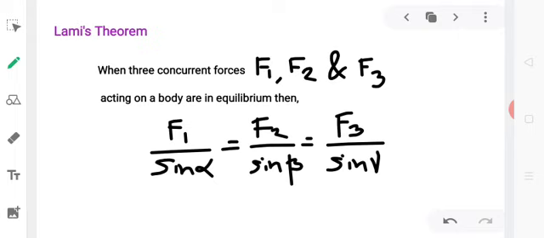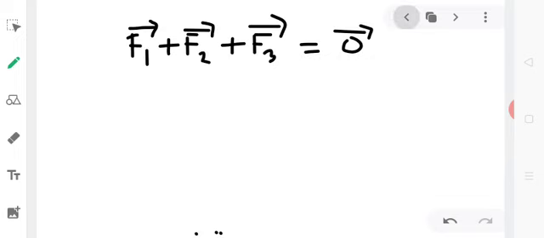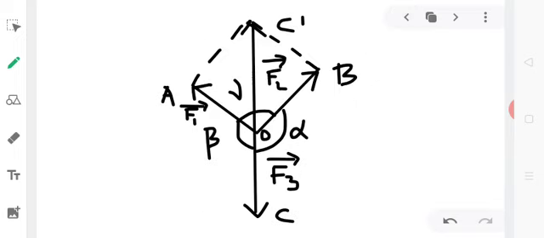According to this theorem, when three concurrent forces F1, F2 and F3 acting on a body are in equilibrium, then F1 by sine alpha is equal to F2 by sine beta, and that is further equal to F3 by sine gamma, where alpha is the angle between F2 and F3, beta is the angle between F3 and F1, and gamma is the angle between F1 and F2. You may refer to this diagram.